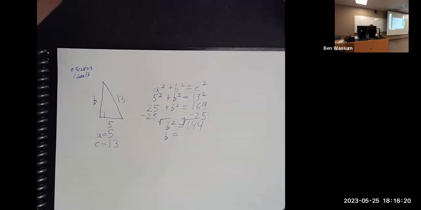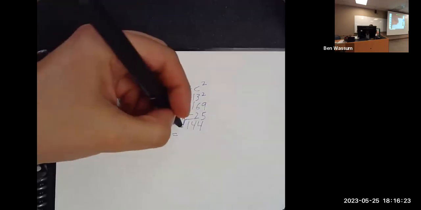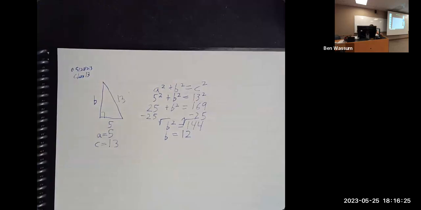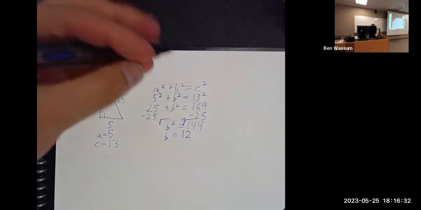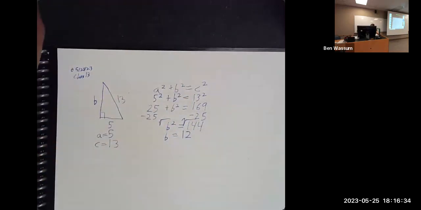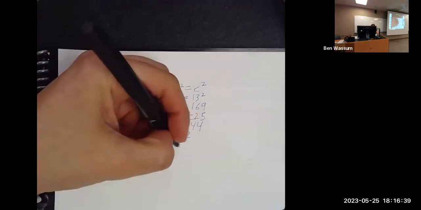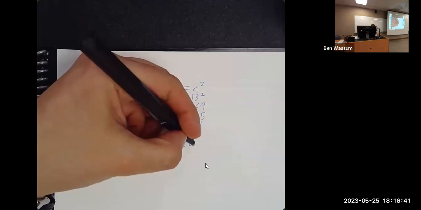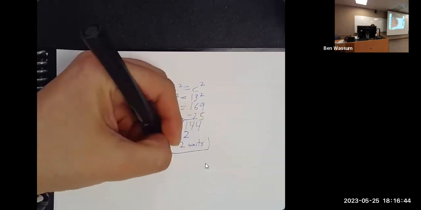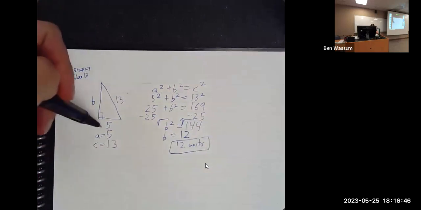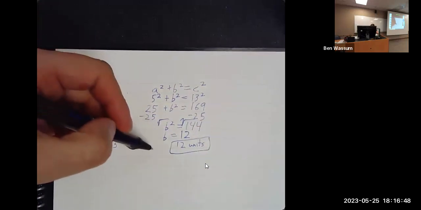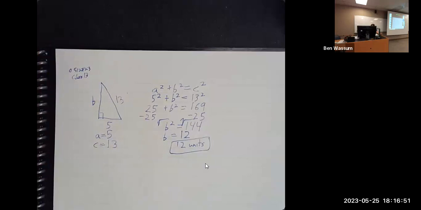The square root of 144, that's a perfect square, 12. Okay. I don't believe this had any units on it. Yeah, it just had the word units. So that means that our answer will be 12 units. If this was 5 units, this was 13 units, then we'd call this 12 units. Okay.